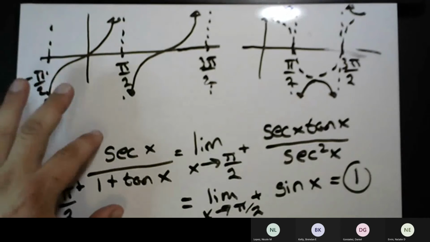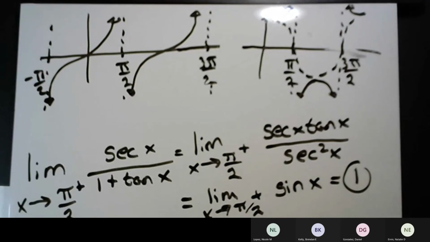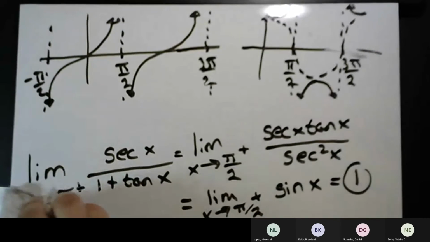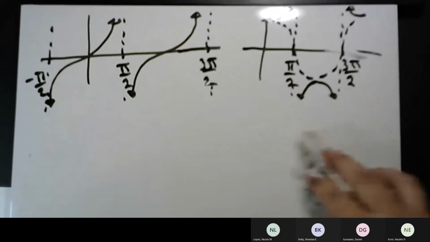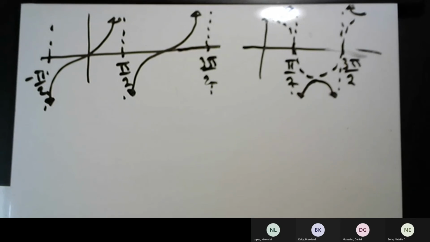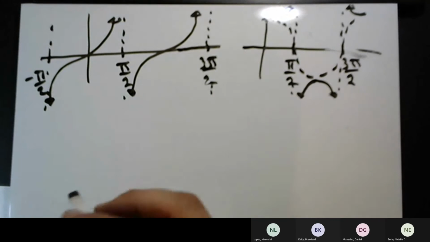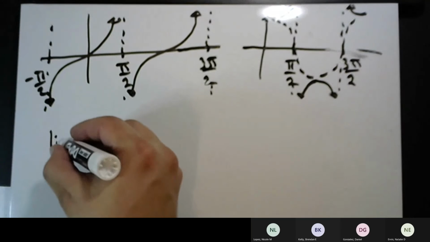And we can combine these functions and we can take, if we want to, we can evaluate these using two-sided limits or one-sided limits.